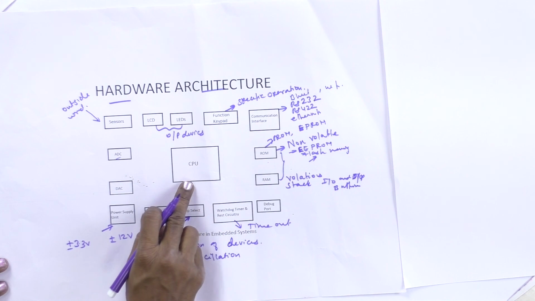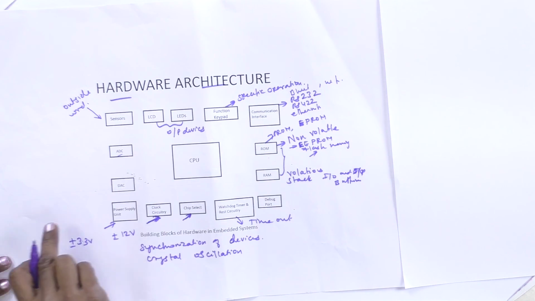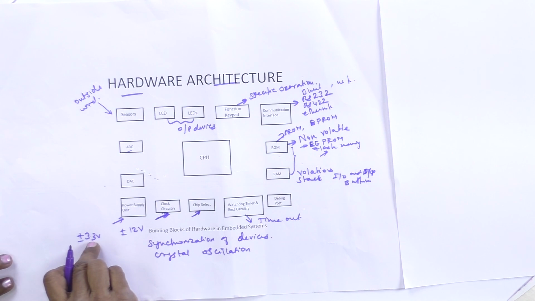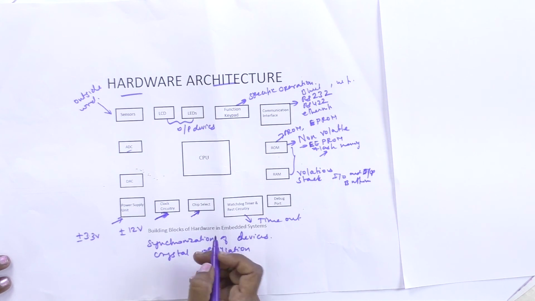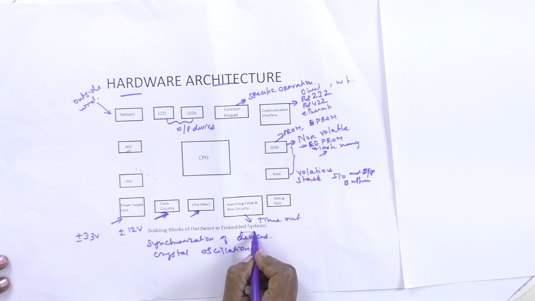We discussed the CPU and each and every block in this architecture. So this is about the building blocks of the hardware in embedded systems.